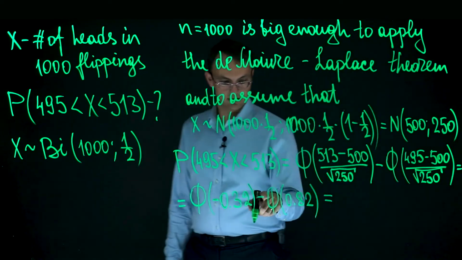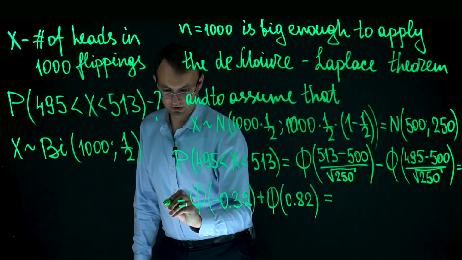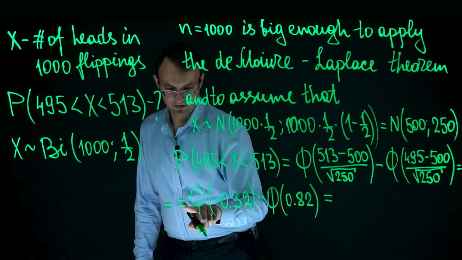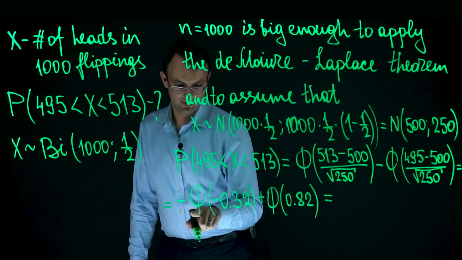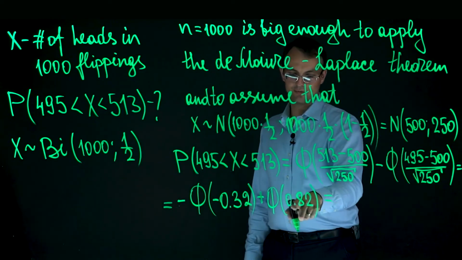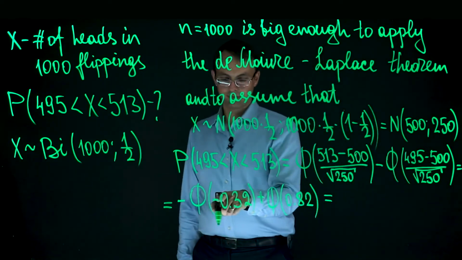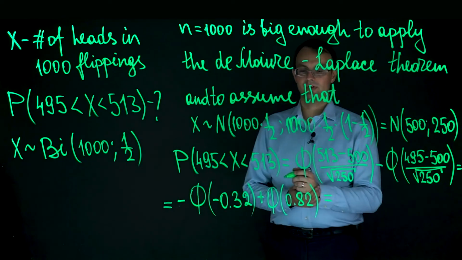So this is phi of 0.82 minus phi of minus 0.32.